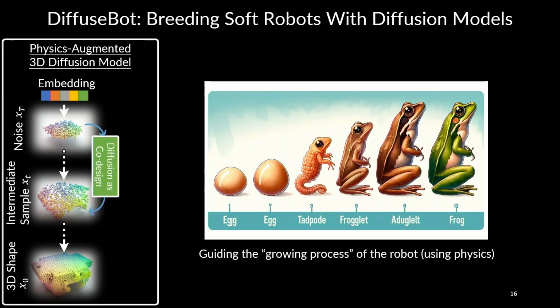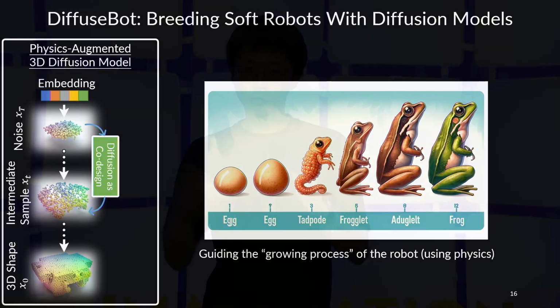We basically view this as the growing of a robot. So that cavity is something like an embryo of a robot that contains all kinds of chaotic components, but at the same time, the unlimited potential of what a robot can be. And then through the process, it converges to some shape. What we did is try to integrate physics into this growing process.